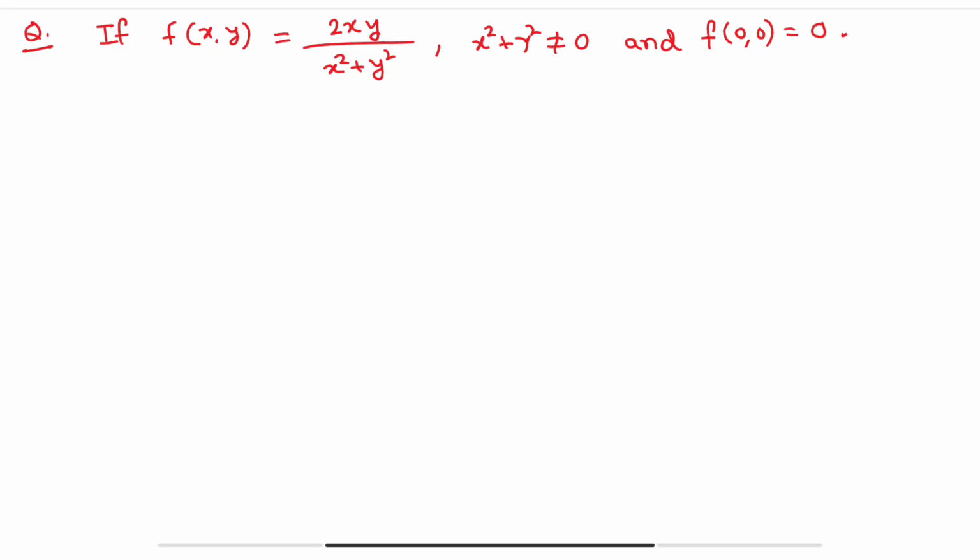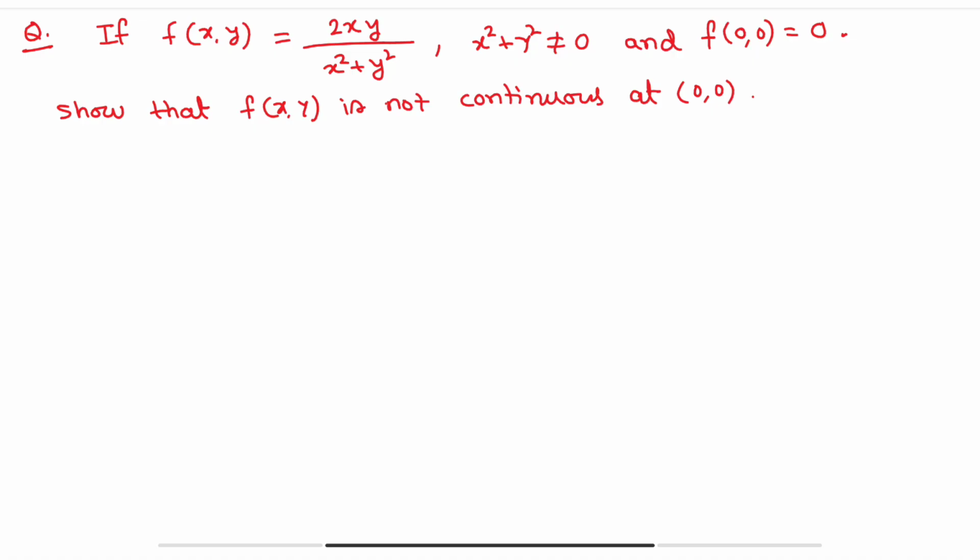The question is to show that f(x, y) is not continuous at (0, 0). So this is the function f(x, y) equals 2xy by x square plus y square, and we have to show that this function is not continuous at the origin.